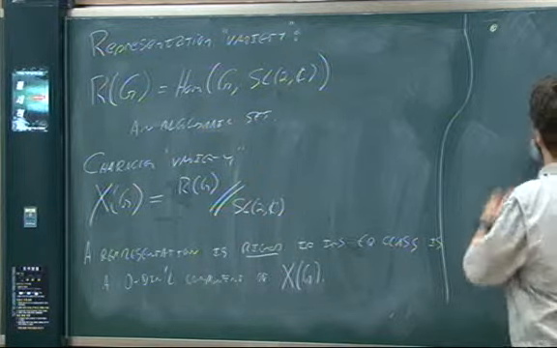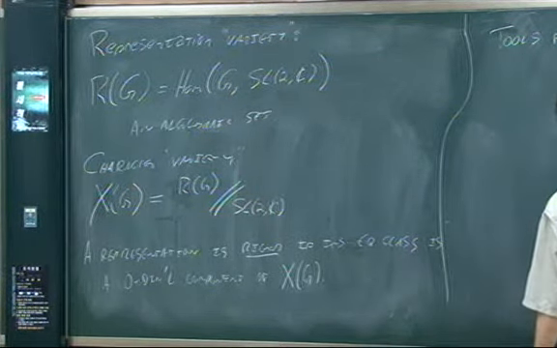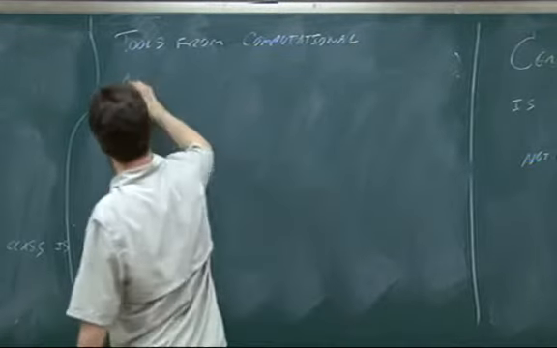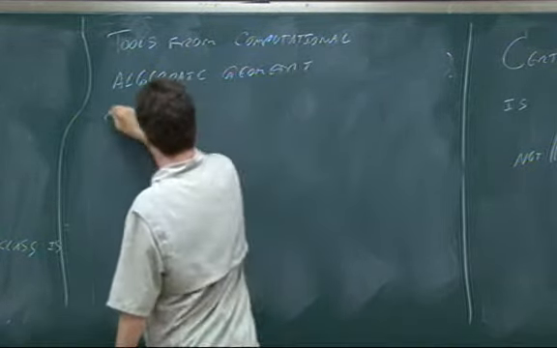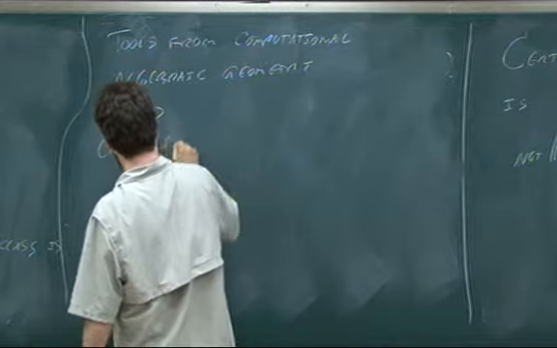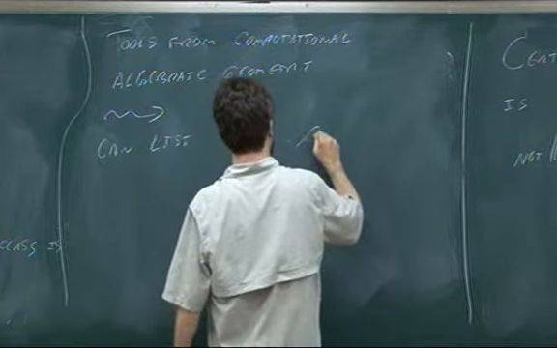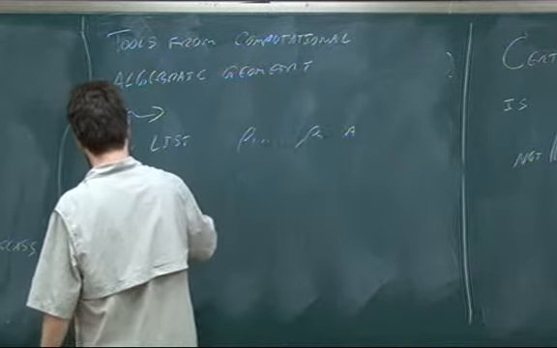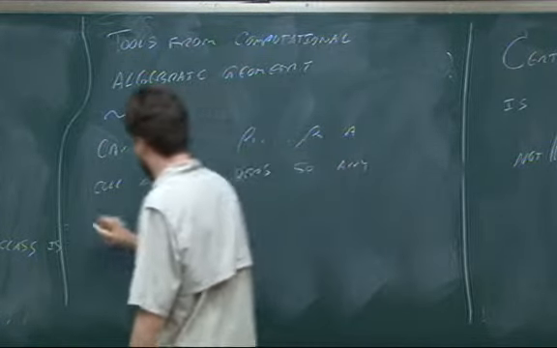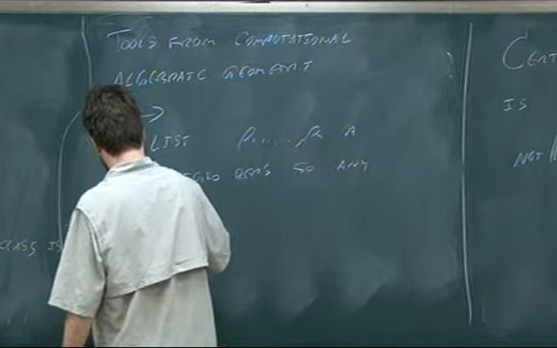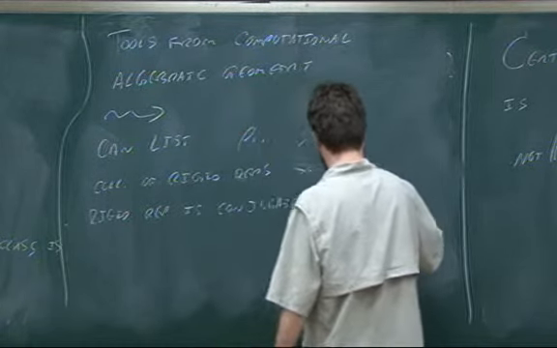So now, using tools from computational algebraic geometry, we can list the rigid representations: rho 1 through rho n, a collection of rigid representations, so that any rigid representation is conjugate to one of these.